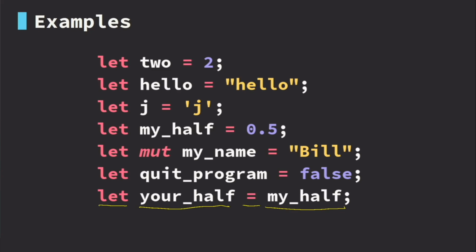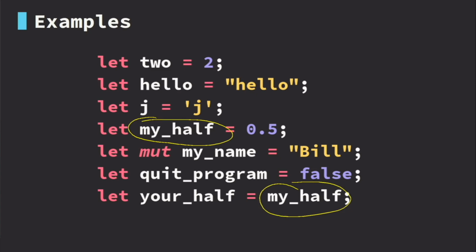So as we can see, my_half is not a Boolean value. It's not a string or a number or a character. So what's going on here? So let's walk through it. If you'll notice, my_half down here is the same as my_half here. So what we're doing, we're actually assigning your_half the same value as my_half. So let's walk through each step on the way to see how that occurs.